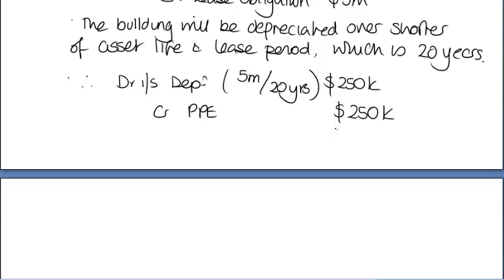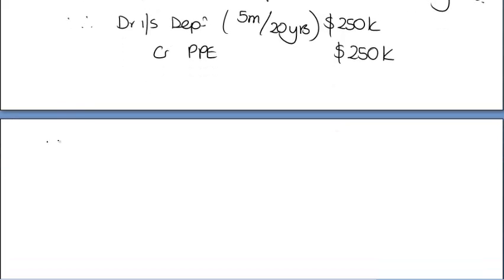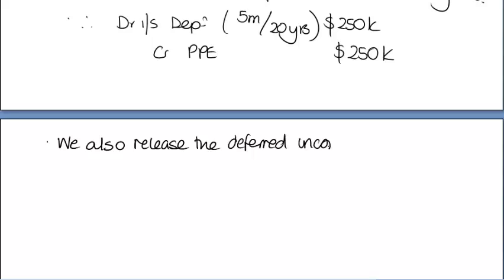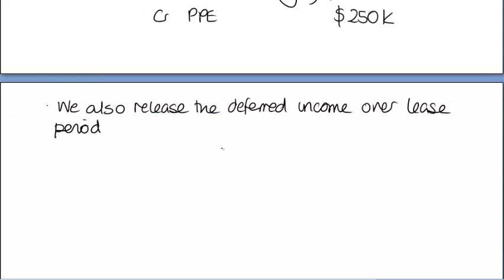So it looks like the company is going to lose out because the company used to depreciate the asset far less than that. But we also release the deferred income over the lease period. Credit income statement.